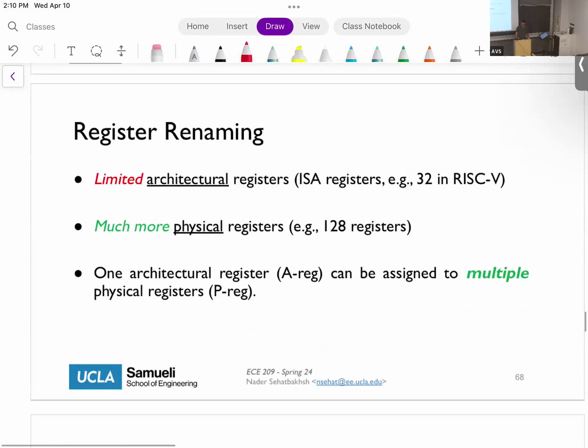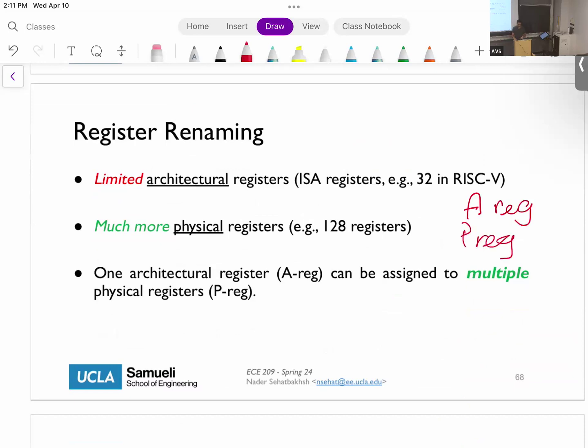All right, so as I said, this is the process of what we call register renaming, and this happens during one pipeline stage of the processor. We have architectural registers, usually called AREG, and then we have physical registers, or PREG.